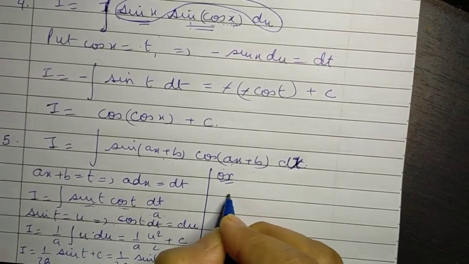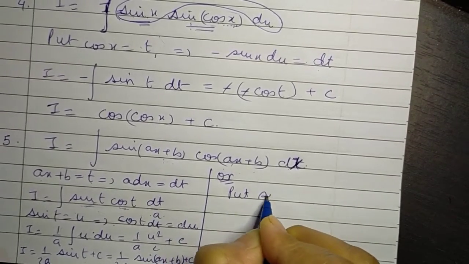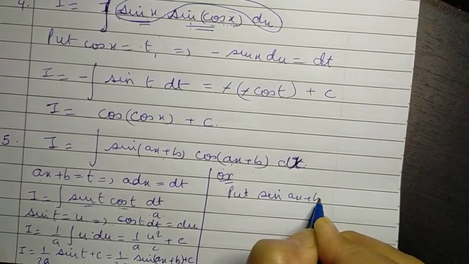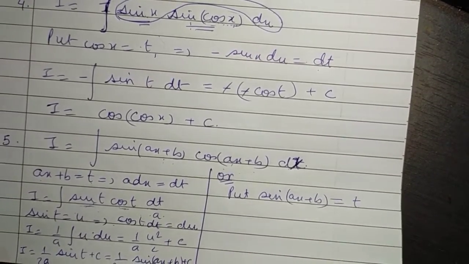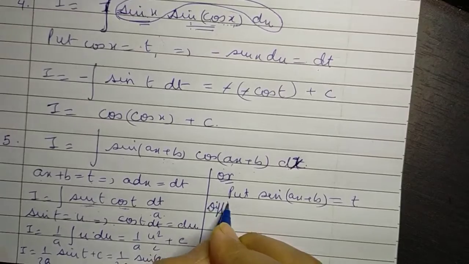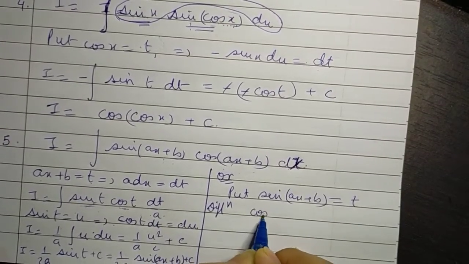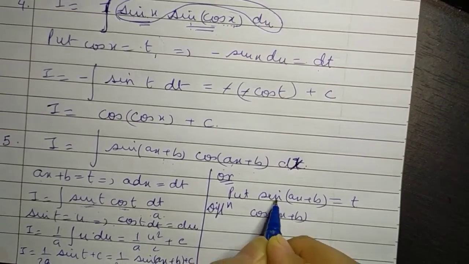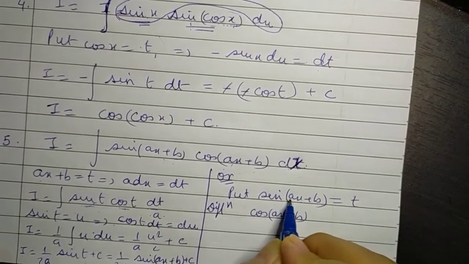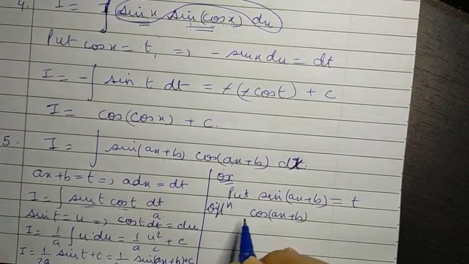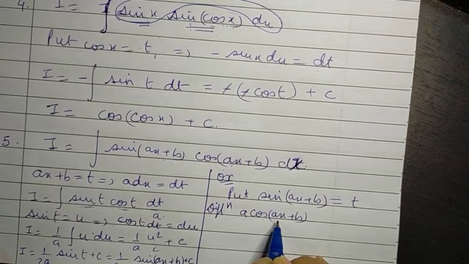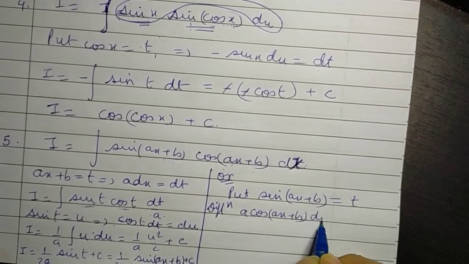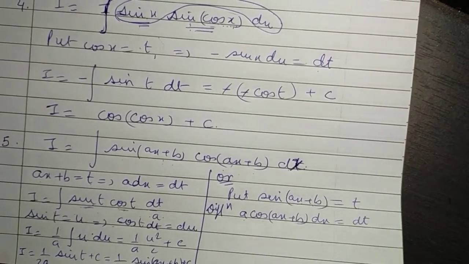So we can put sine of ax plus b as t. Now when you differentiate, what do we get? Cos of ax plus b, you apply chain rule here, into derivative of ax plus b, which is a. So you get a cos ax plus b into dx is equal to dt.